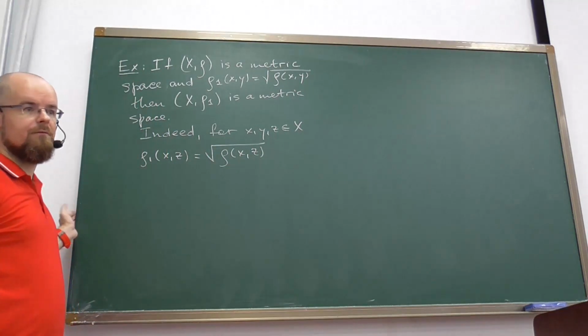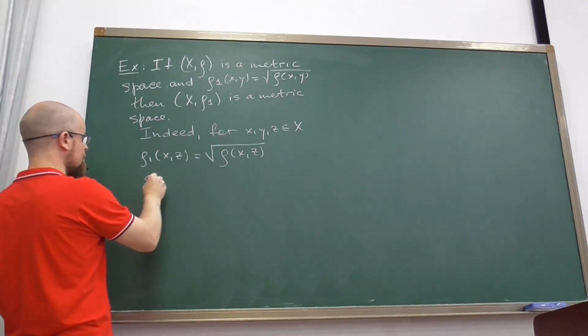Rho is a metric, so we can use the triangle inequality for it.